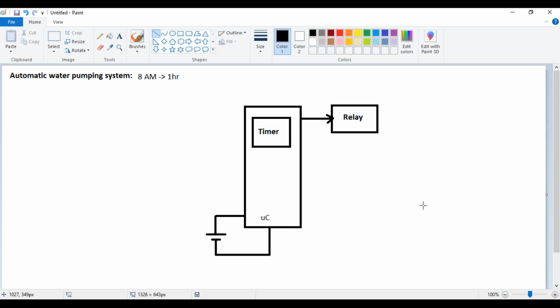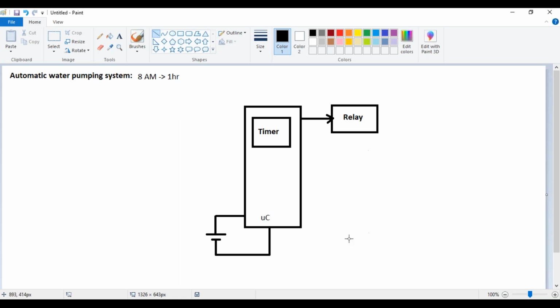Any doubt in this? Okay, no. Fine. Let us proceed. Now we are going to make use of a timer which is built into your microcontroller. The system which I have designed right now should be working for how many hours throughout the day?